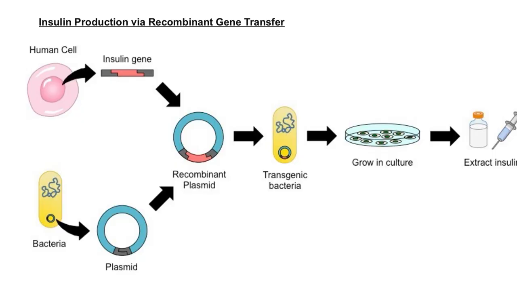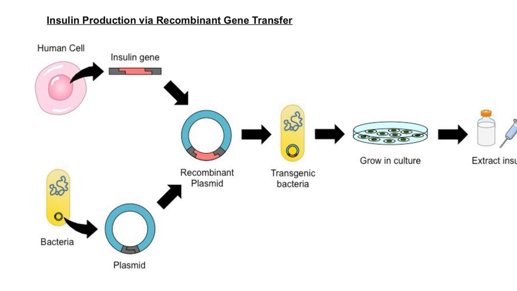So here we see in pictorial form what I just talked about. You get a healthy human cell that produces insulin. You locate the chromosome that has the insulin gene. You cut that insulin gene out using restriction enzymes.